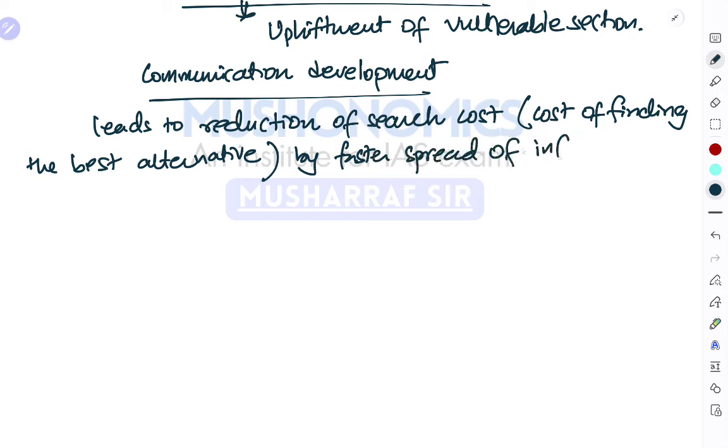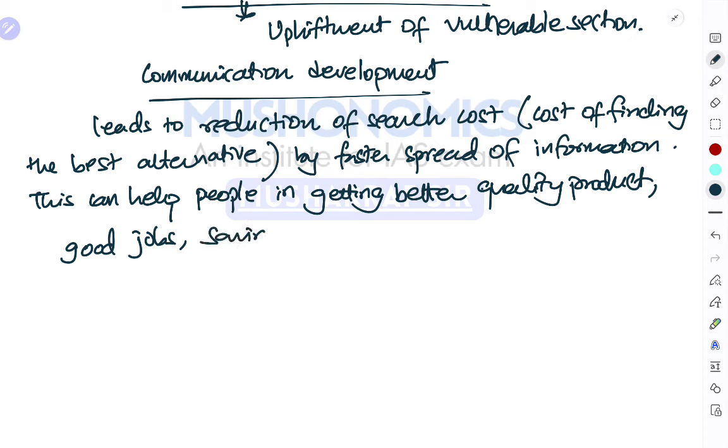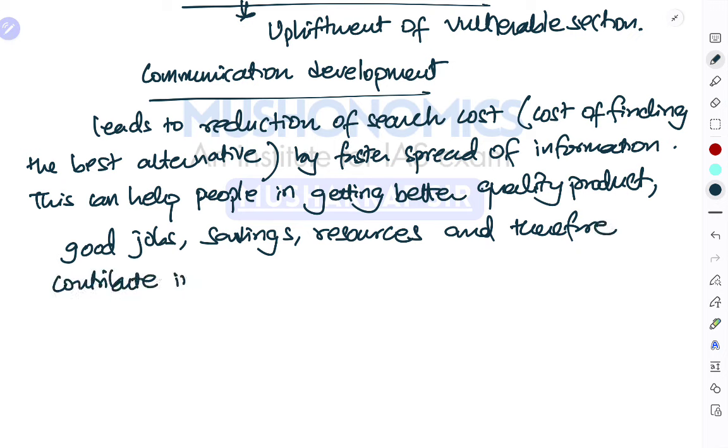By faster spread of information, this can help people in getting better quality products, good jobs, savings, resources, and therefore contribute in improving the standard of living for all, right?